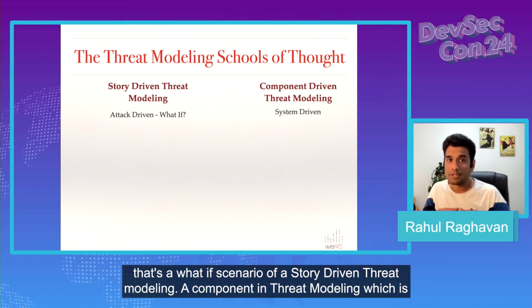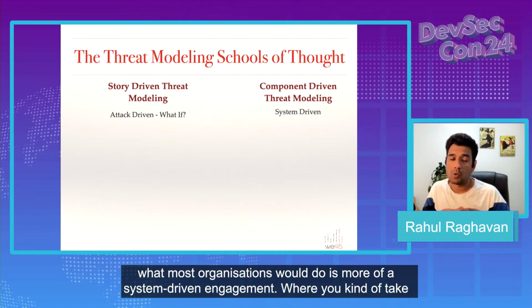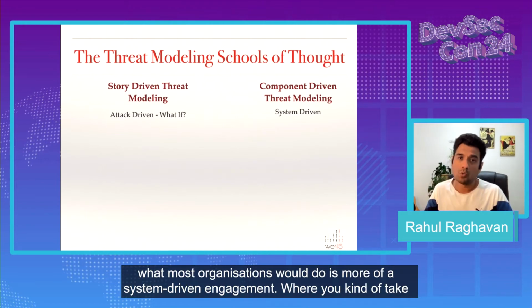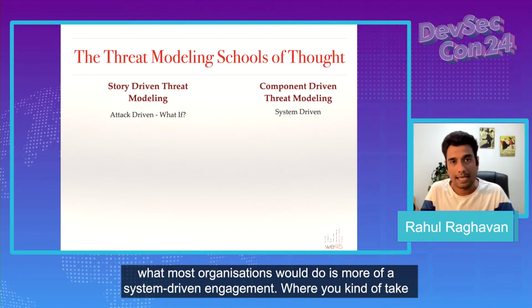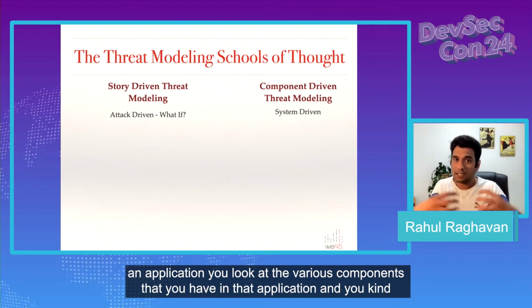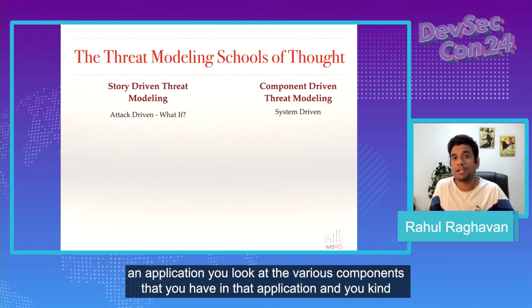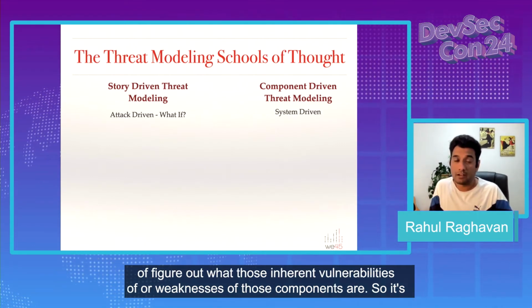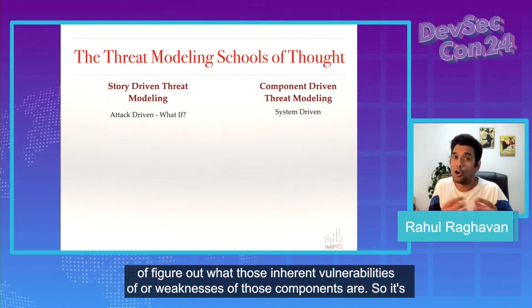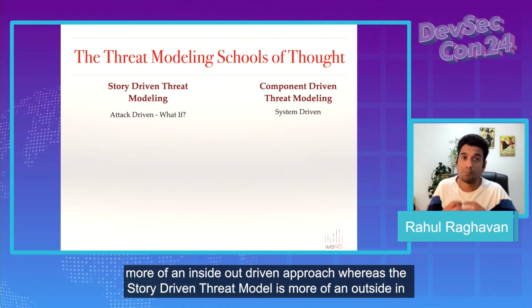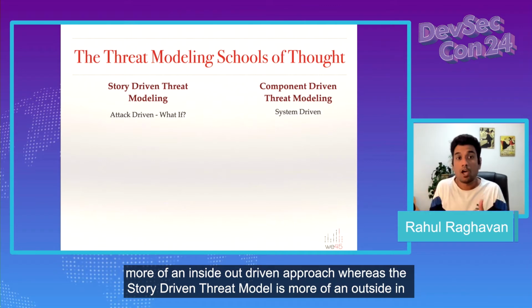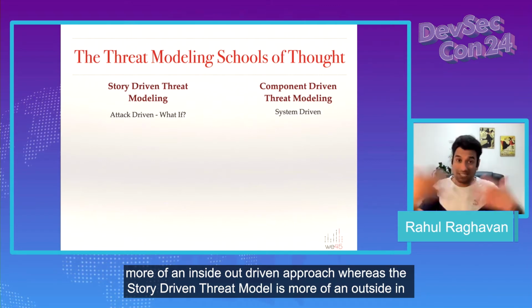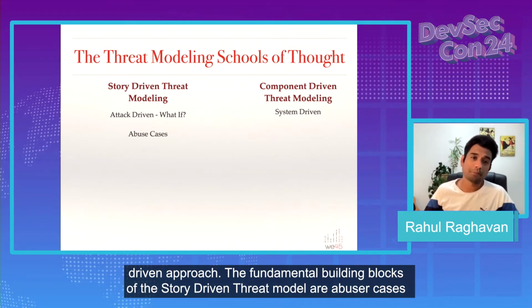Component-driven threat modeling, which is what most organizations would do, is more of a system-driven engagement, where you take an application, look at the various components in that application, and figure out what the inherent vulnerabilities or weaknesses of those components are. So it's more of an inside-out approach, whereas the story-driven threat model is more of an outside-in approach.